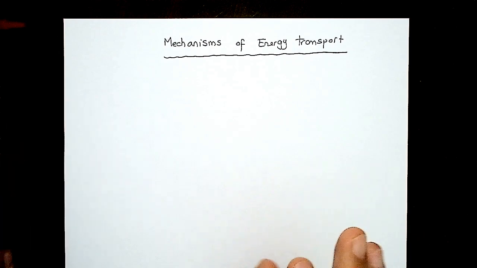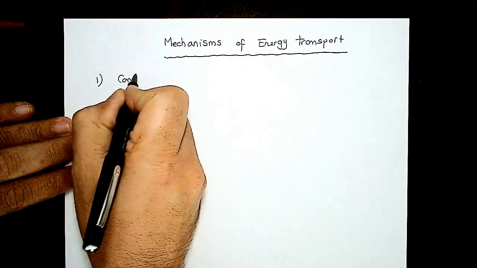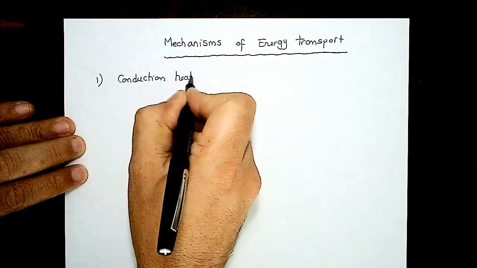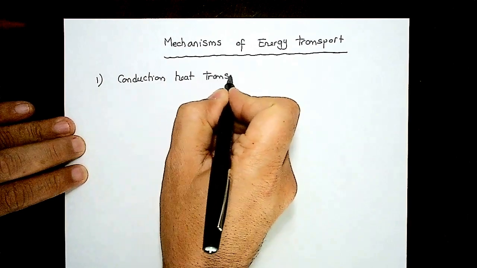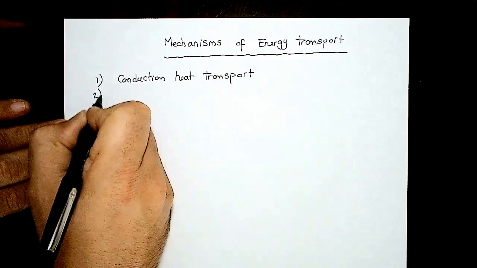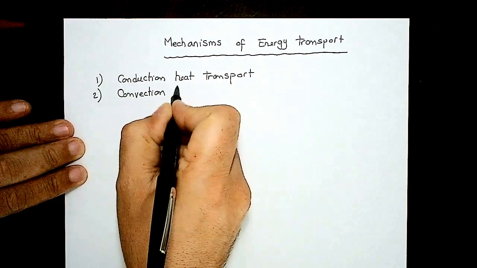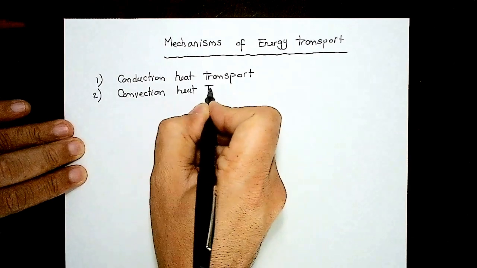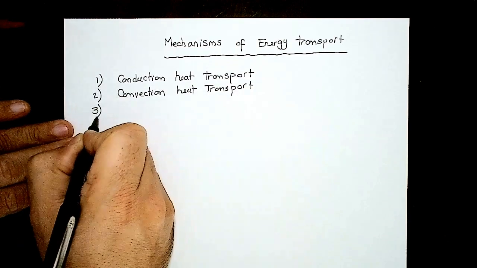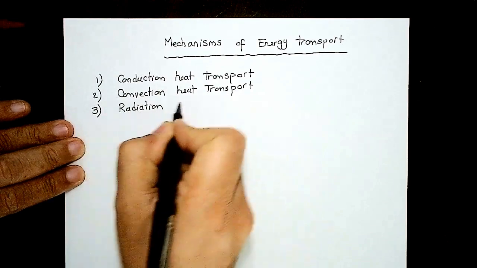The three major mechanisms of energy transfer are conduction heat transport or transfer, the second one is convection heat transport or transfer, and the third one is radiation heat transfer.